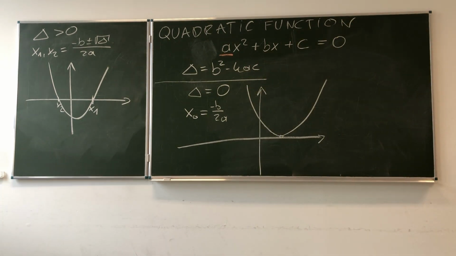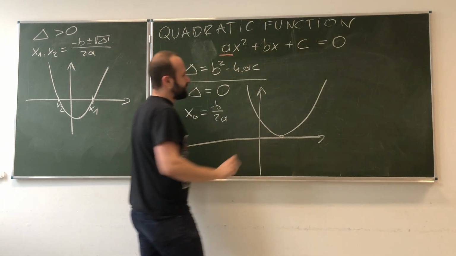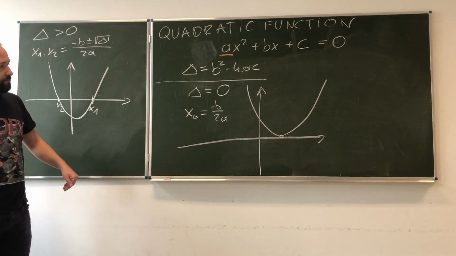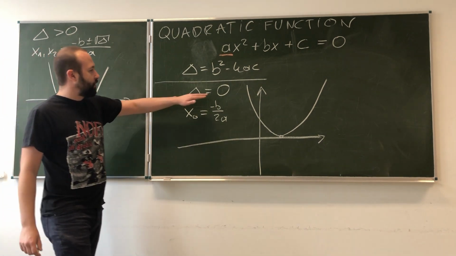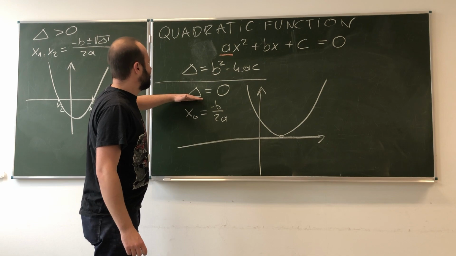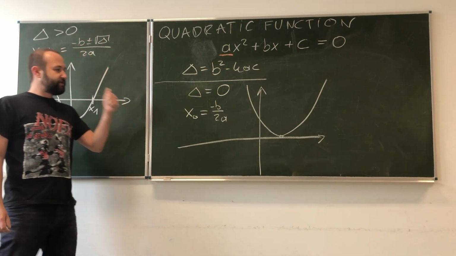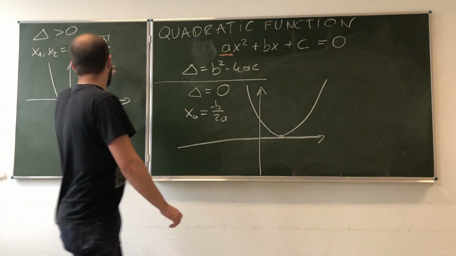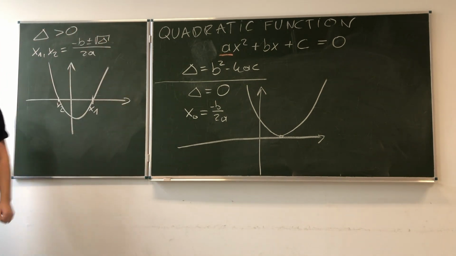It is tangent, but it still takes the value of 0. But look, this value is very special. Why? We will explain this in a second. For now, just remember that when we have delta equal to 0, we have just one repeated root, and we obtain it with the same formula, just simplified because we don't need the square root of delta.